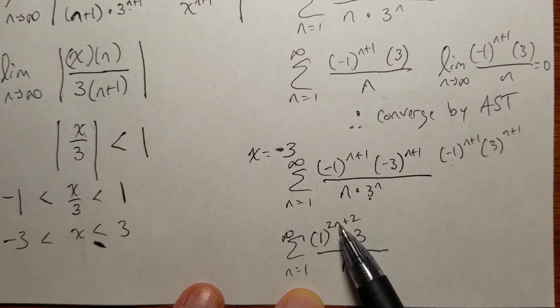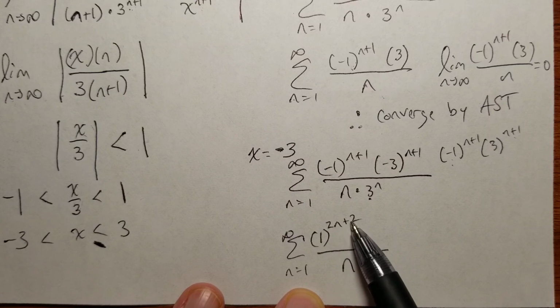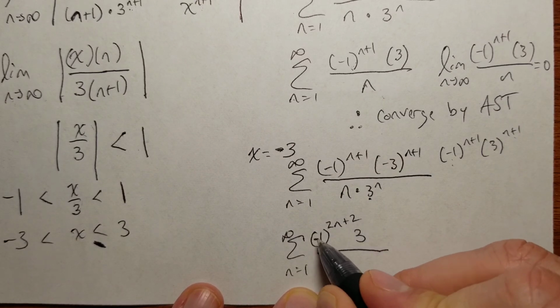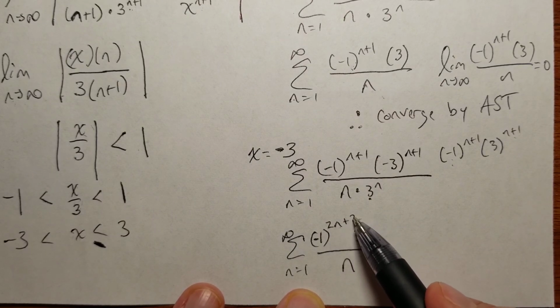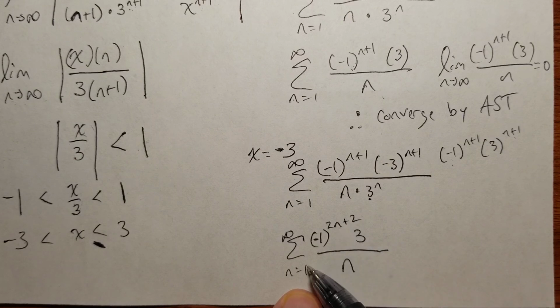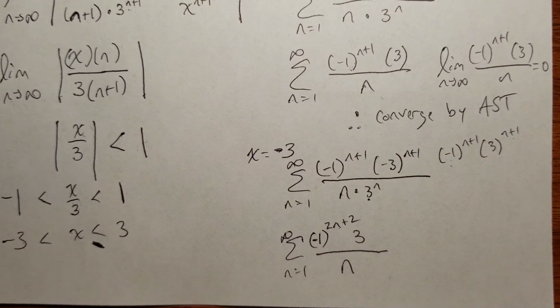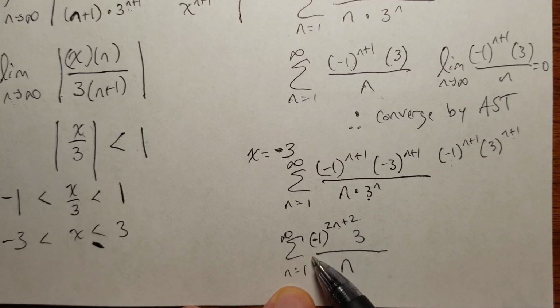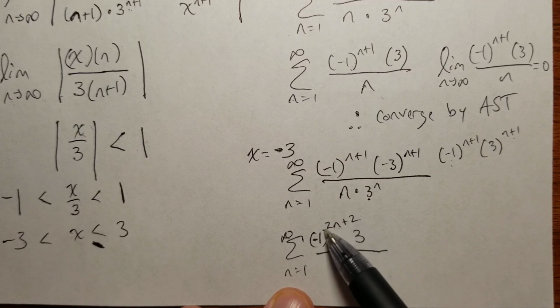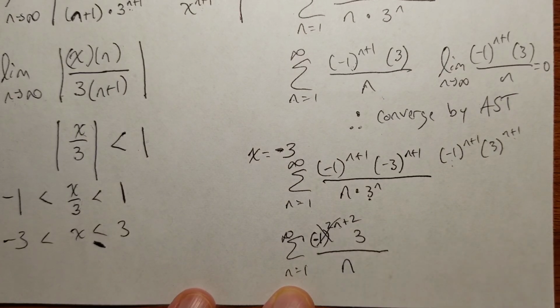If I plug in 2 for n, 2 times 2 is 4, plus 2 is 6, which is an even number. If I plug in 3, 3 times 2 is 6, plus 2, which is an even number. Each number for n that I can plug in here for this series is going to end up with an even number. And -1 to an even power is just going to be +1. So our alternator is really just equal to +1.